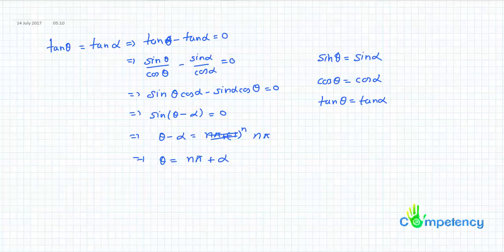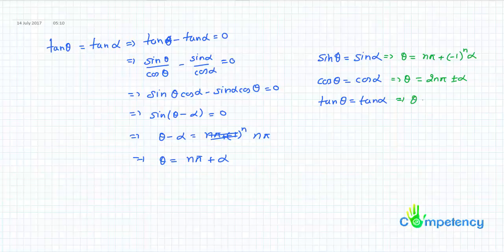And the solutions for these will be: theta equals n pi plus minus 1 to the power n alpha for sine theta; for cos theta, theta equals 2n pi plus or minus alpha; and for tan theta, theta equals n pi plus alpha.